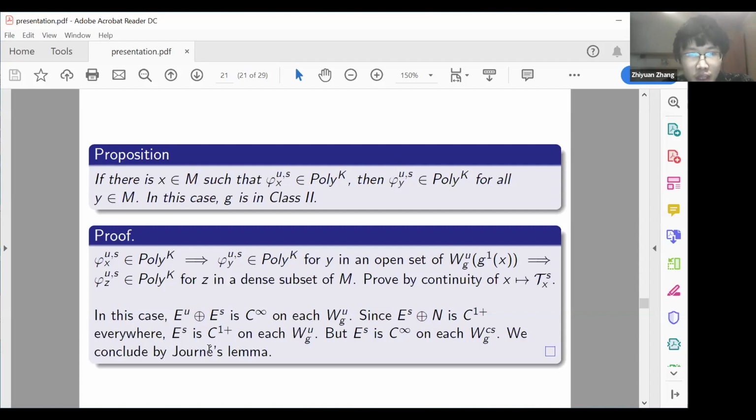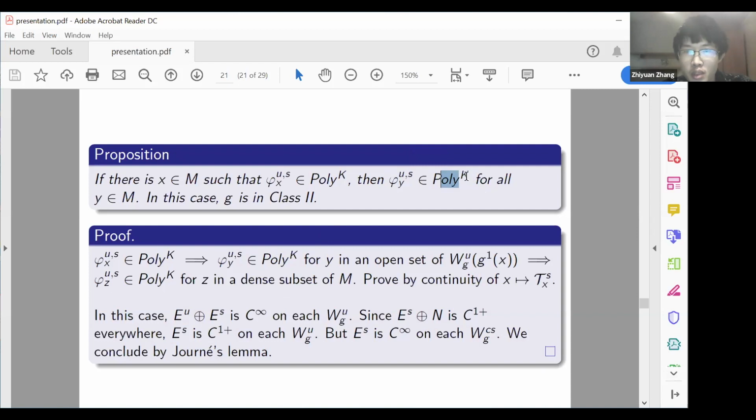So this will give us a lot of information. Then you can also use something called Journé's lemma to show that as long as you are in class 1, all of these temporal functions will be bounded away from polynomials. By polynomial, I mean a polynomial of degree k. Of course, you can use a very large degree polynomial, but we don't consider that.